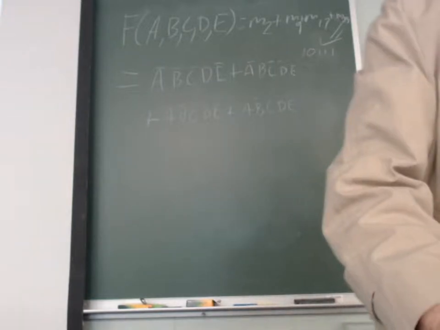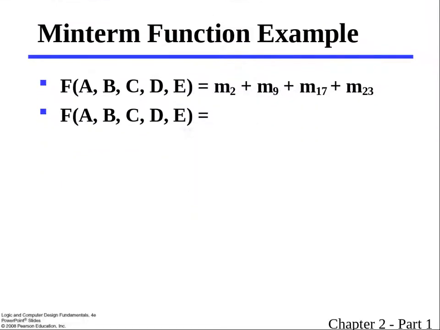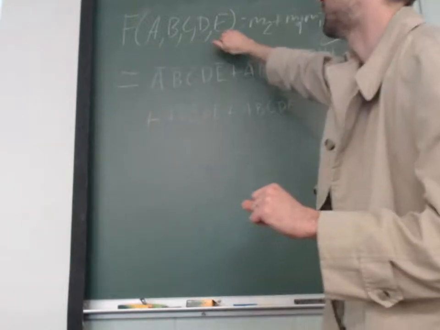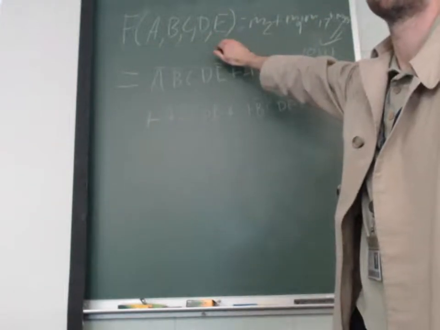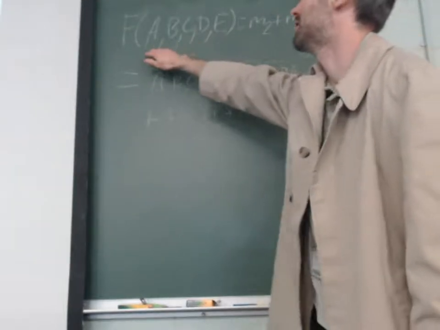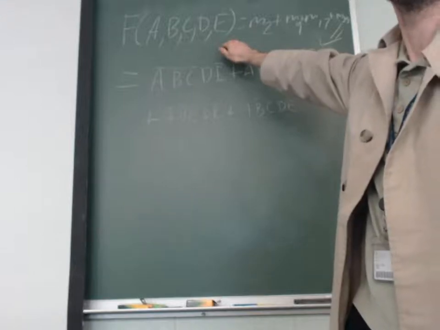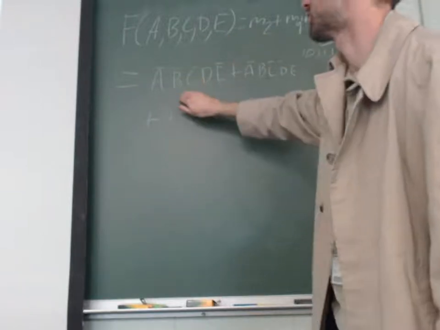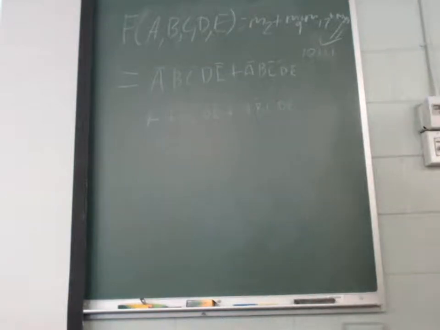How are we doing? Do you just, by convention, make them in order, or is it alphabetical? Yes, by convention, these binaries need to be in order. Actually, it's not alphabetical order; the order is defined when your function is defined. So the first value would be A, next one's B, next one's C, next D, then E. That tells you the order that these minterms are describing each term.